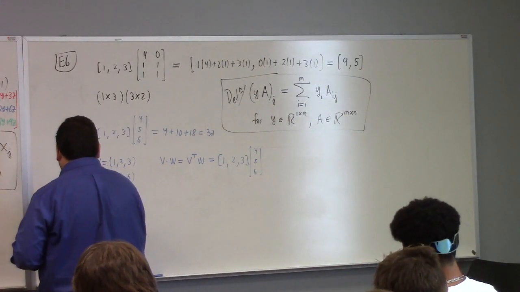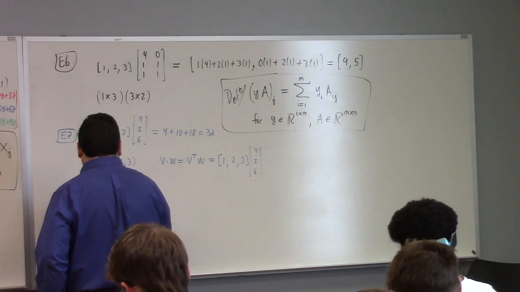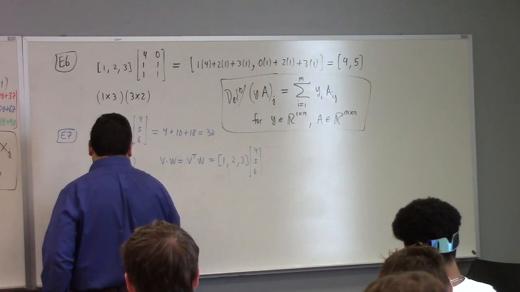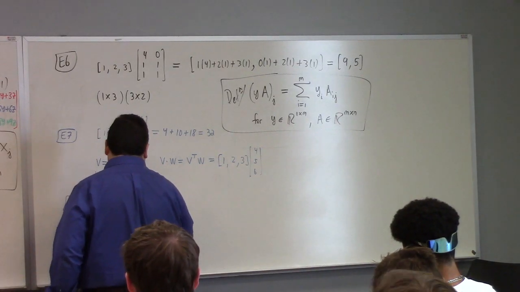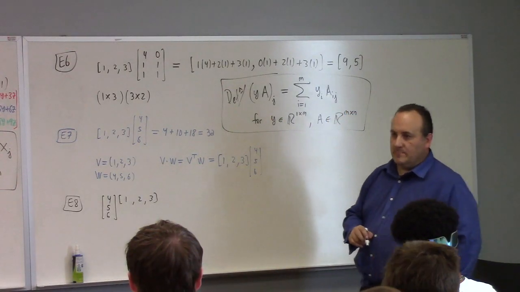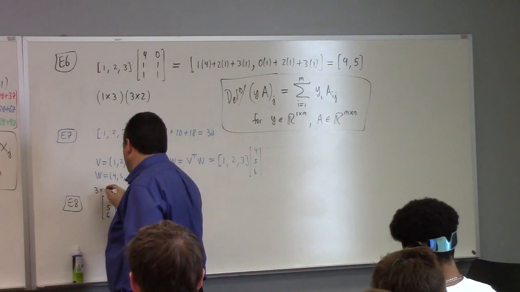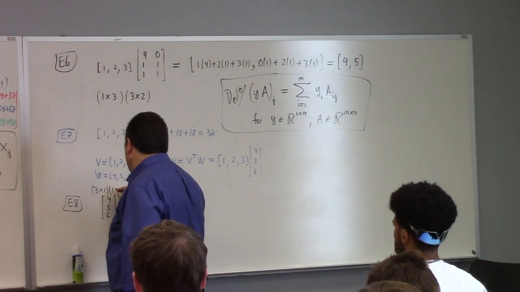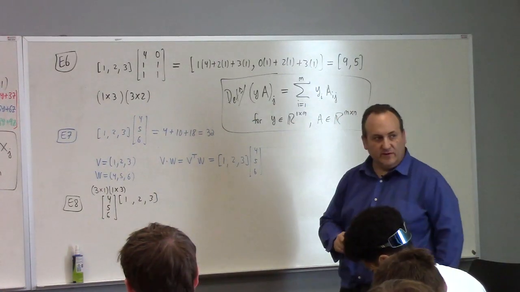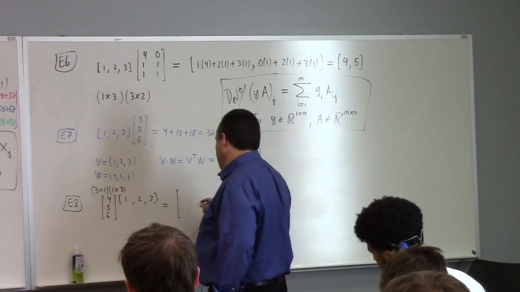How about this? What if we did it the other way around? What if I did 4, 5, 6 times 1, 2, 3? Would that even make sense? Check it out, right? 3 by 1 times 1 by 3. It does make sense. But what is it? What is the matrix? It's a 3 by 3.